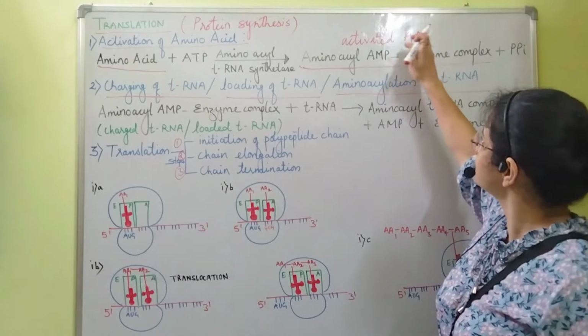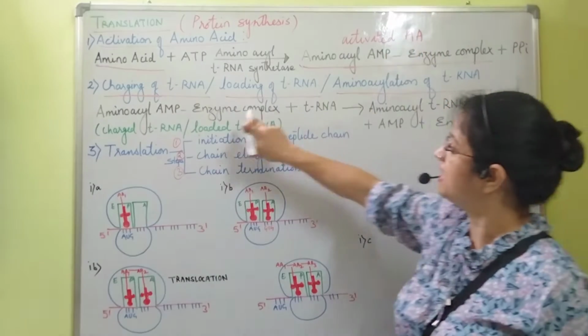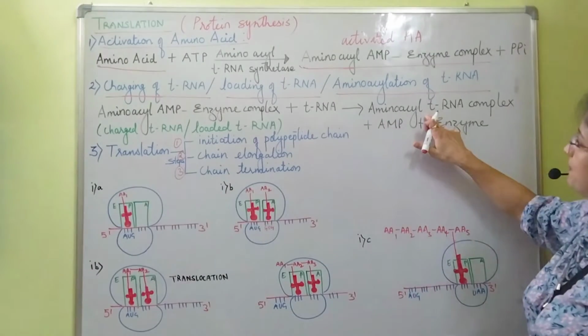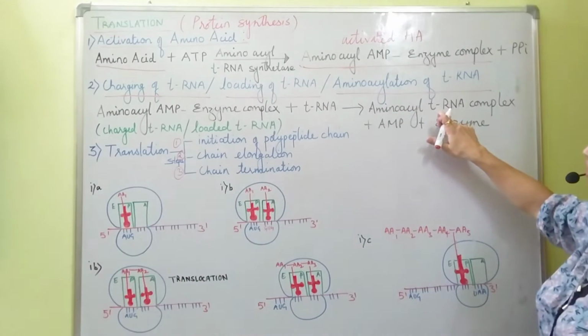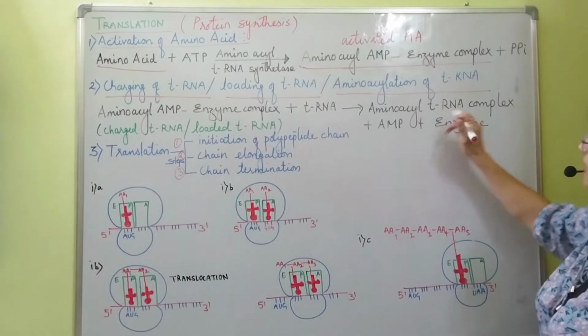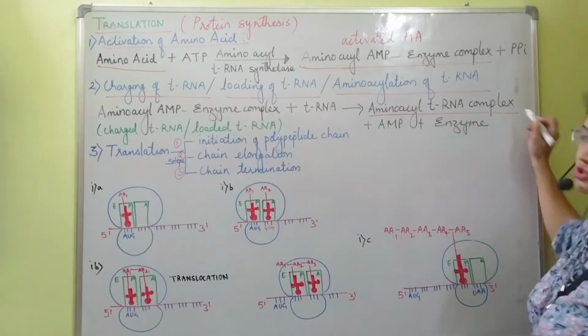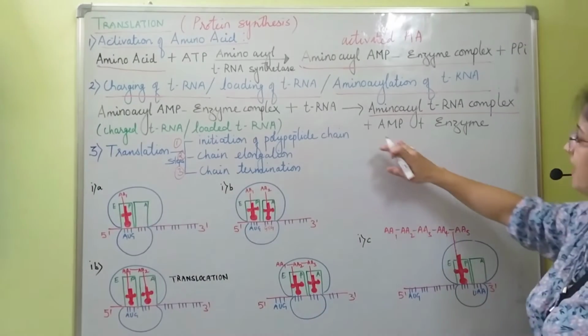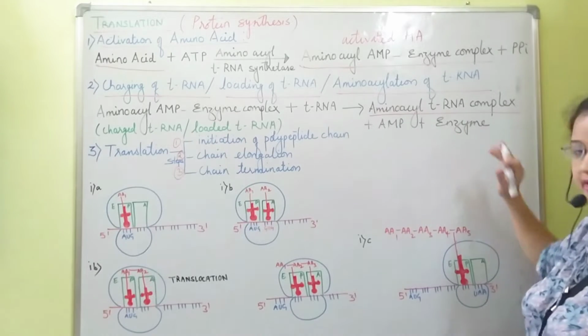Now this activated amino acid will bind to the tRNA, and there will be the formation of charged tRNA, that is amino acyl tRNA complex. This is the charged tRNA or loaded tRNA, and there will be release of AMP and enzyme.